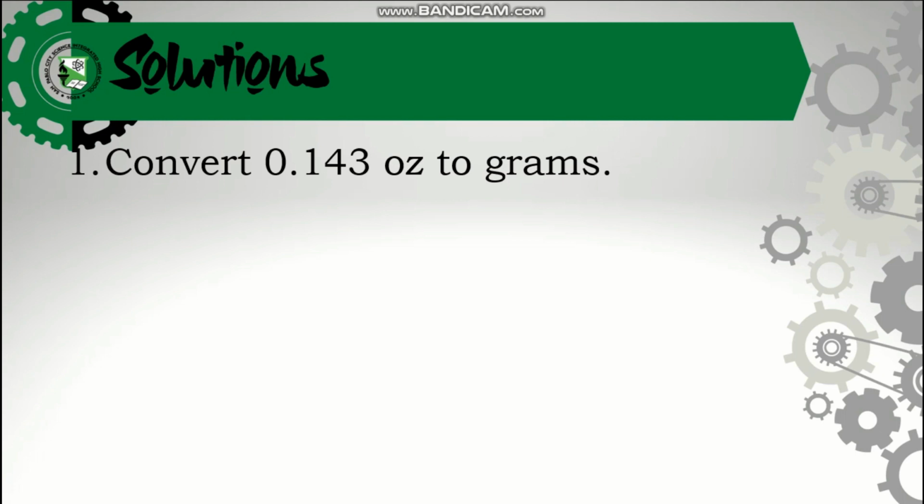So in our case, I gave 1 ounce is equal to 0.0283 kilograms. So we must use it so that we can get the conversion factor.